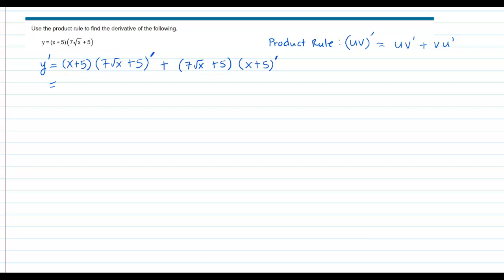All right, so now let's perform the derivative. So this is like your u, and that's the v prime, and this is v, and that's the u prime. Okay, so now you have u, copy x plus 5, and then differentiate. So what's the derivative of 7 square root of x? Whenever you see square root of x, think of this as x to the 1/2.